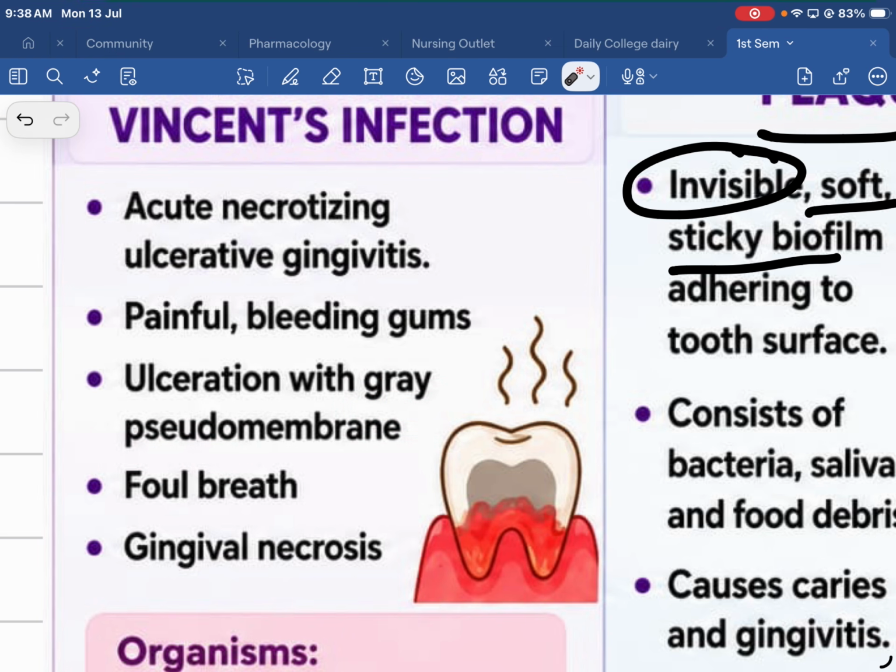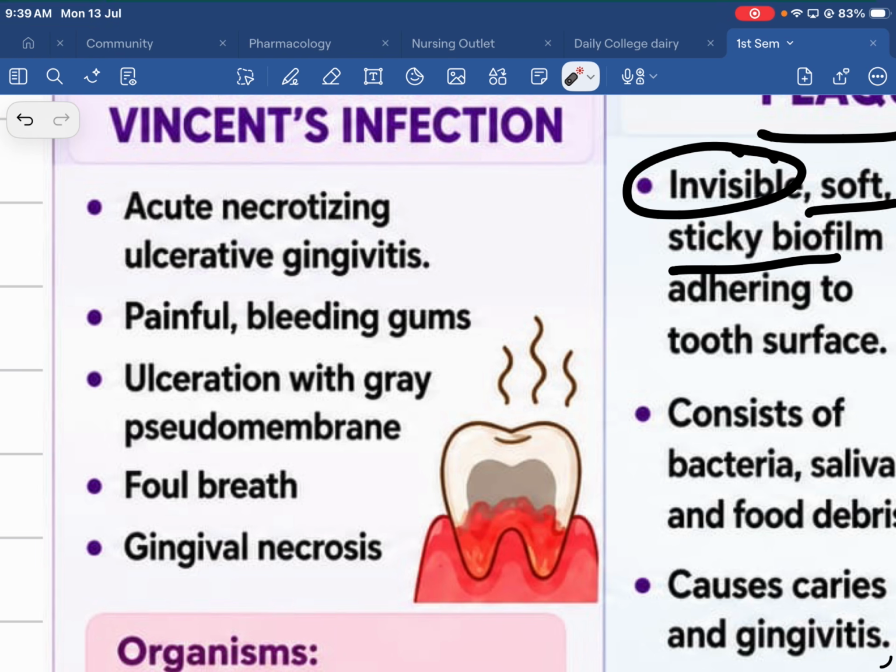It also causes foul breath, we can call that halitosis. And gingival necrosis, so death of the gingival cells, gum cells. The gum cells die due to the bacterial infection, that is called necrosis. Necrosis means due to the infection the cells die.